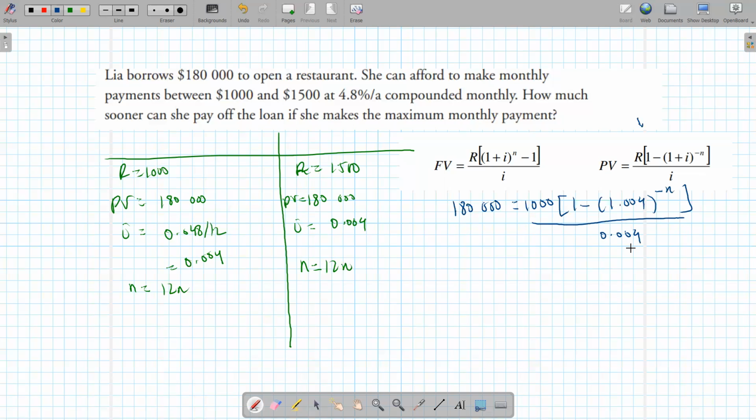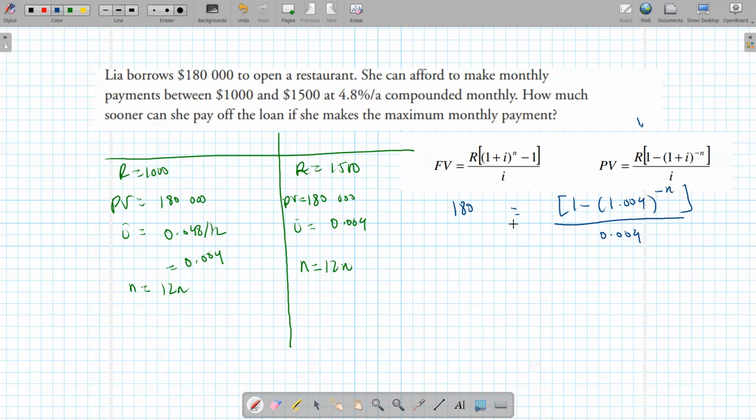How do we solve this equation for n? You divide by 1,000. So it becomes 180. What's next? Could you open the bracket?